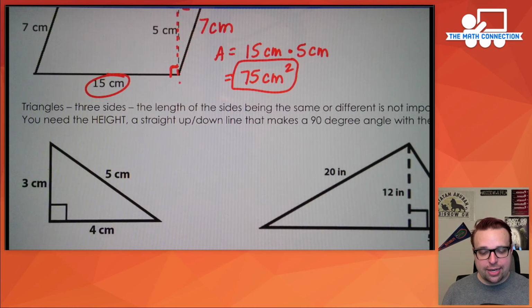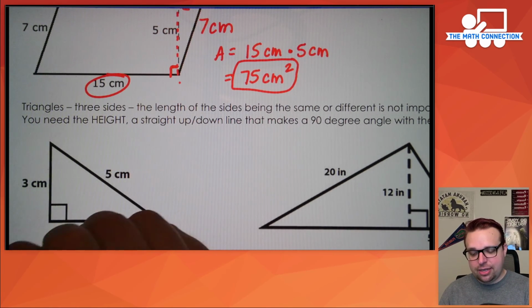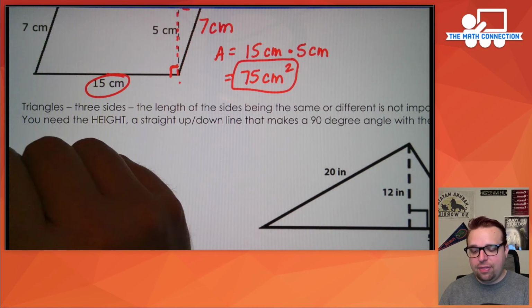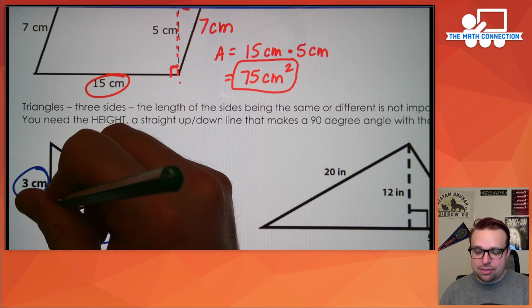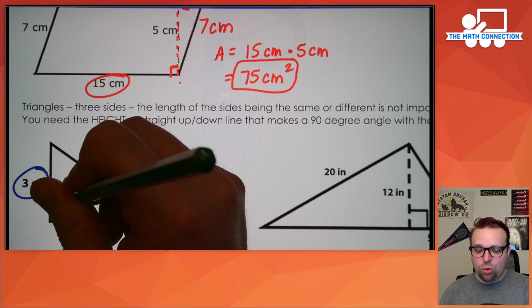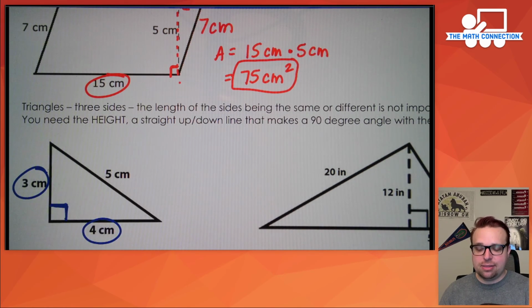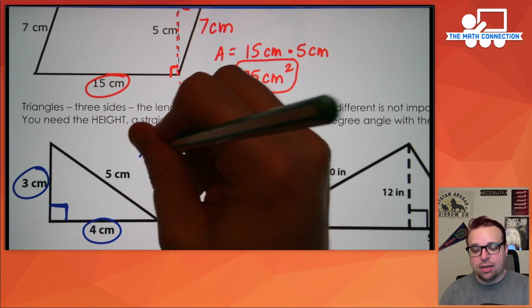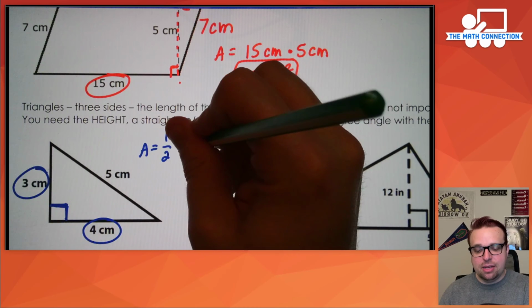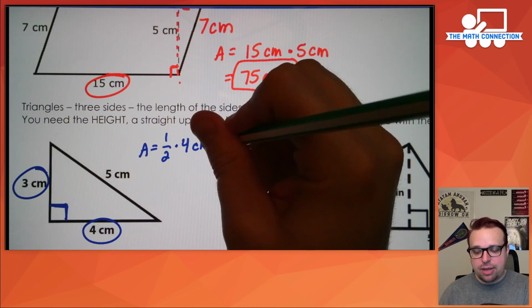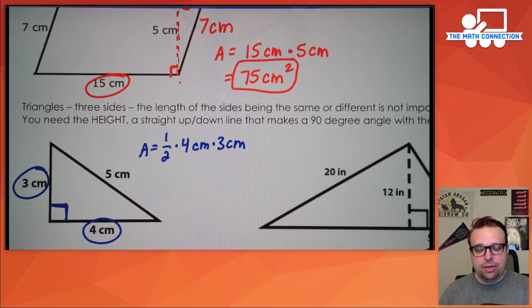So let's look at 2 different types of triangles here. In this first triangle, the base is the bottom piece, and the height is already given as this side, because it makes that right angle or 90-degree angle with the base. So the area will be 1/2 times the base, centimeters, times the height, centimeters.